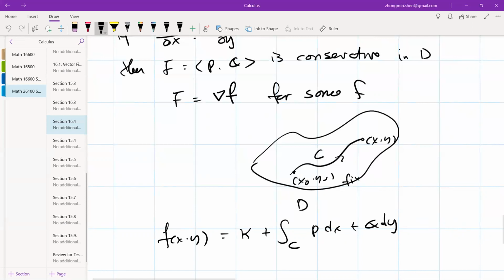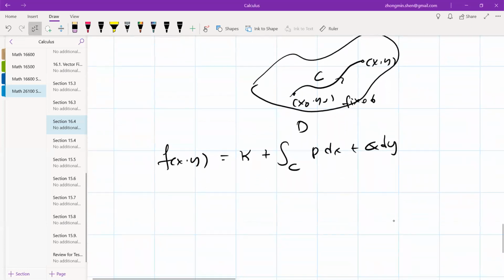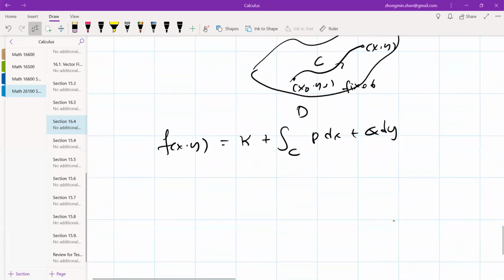This is a fixed point, this is an arbitrary point, so this is constant K. So this is how they construct it. Okay, that's the proof. But today's main focus is vector fields which are not conservative.